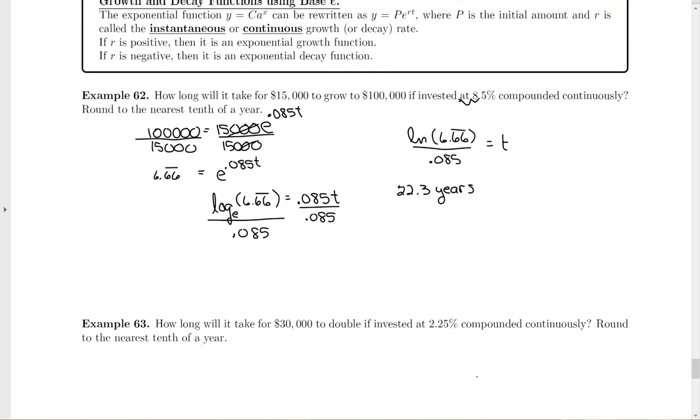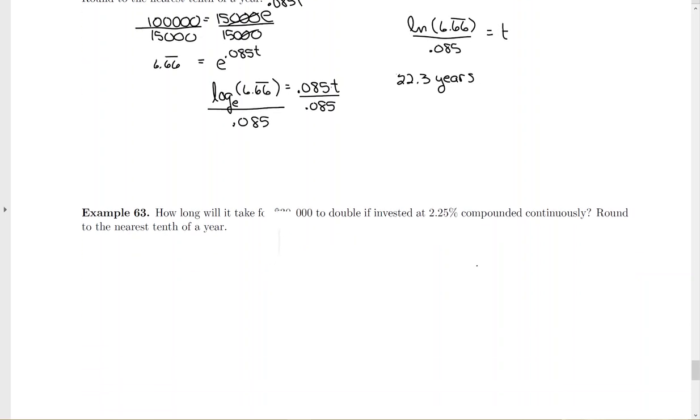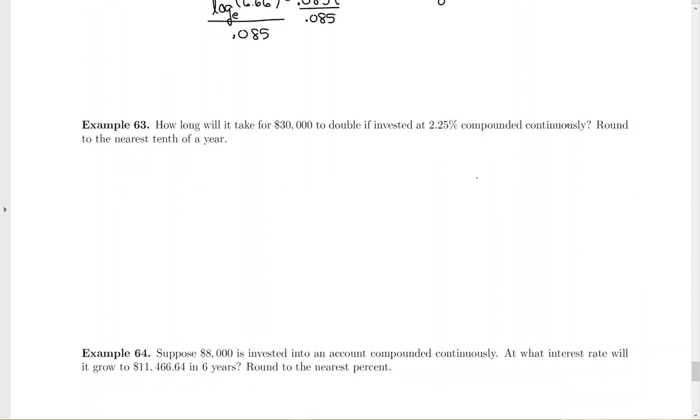So when we see that word continuous or instantaneous, I know that I have to use this formula. That's your clue. So in this next one, I see compounded continuously, so I'm back to the Pert formula, y equals Pe to the rt. I start with 30,000 and I want to double it.